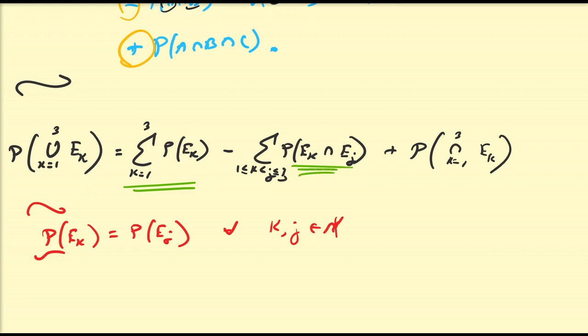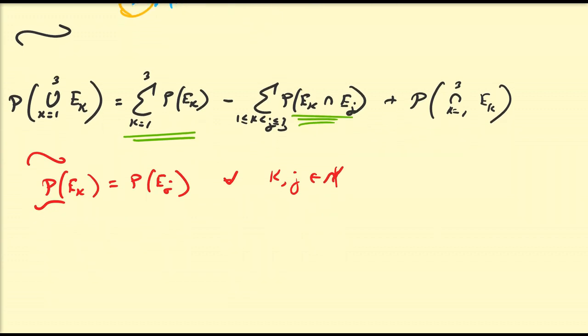The probability of E1, E2, E3, they're all the same. The probability of E1 and E2, E2 and E3, E1 and E3, they're all going to be the same as well. So we're summing up the values, even though the values are the same. We can just write the sum as multiplication.